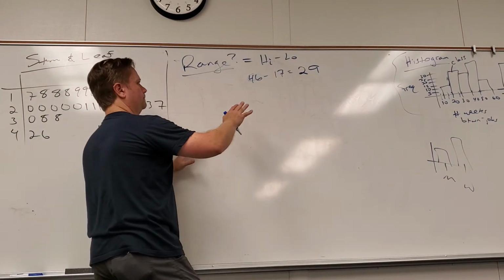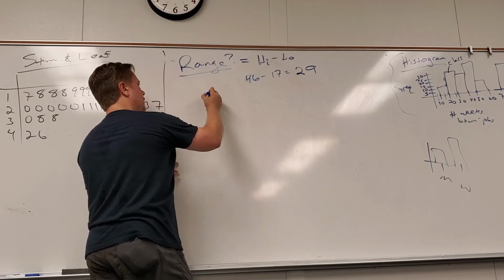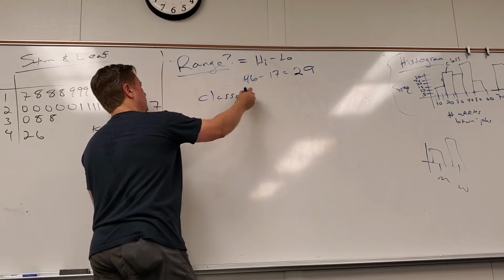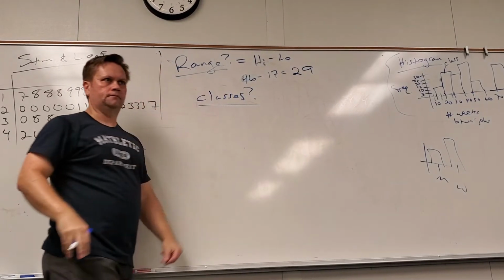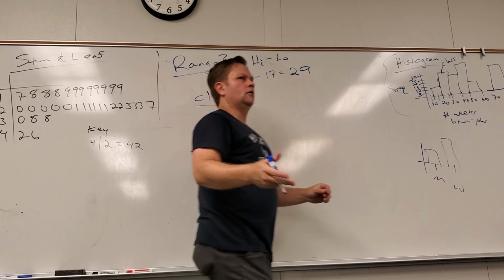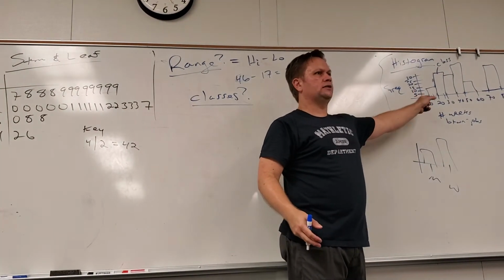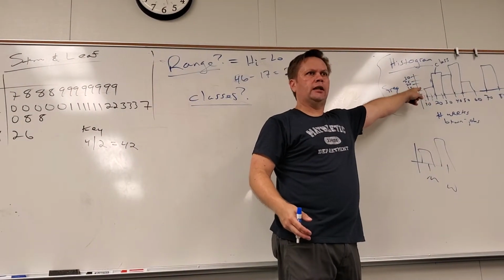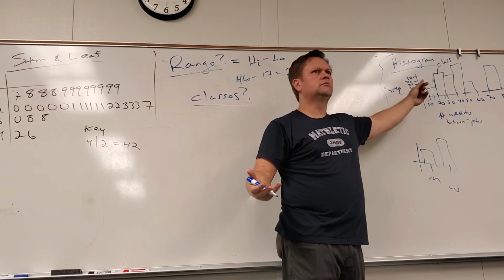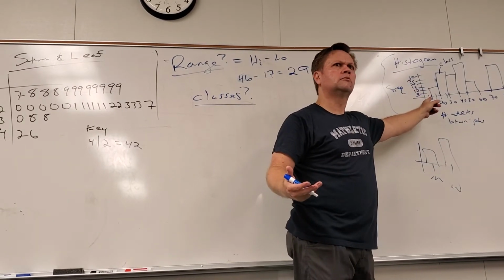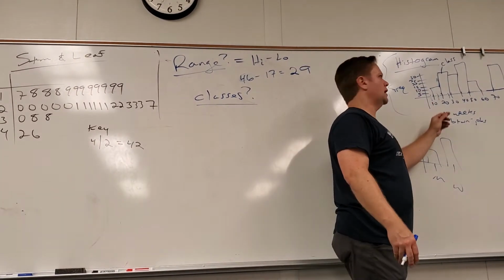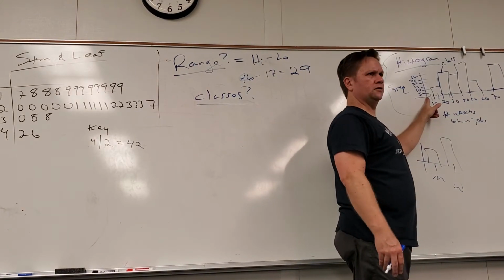All right. My first step here is to create these classes. Can somebody tell me what was the absolute lowest data point that there could have been in this data? 10. Were there any zeros?